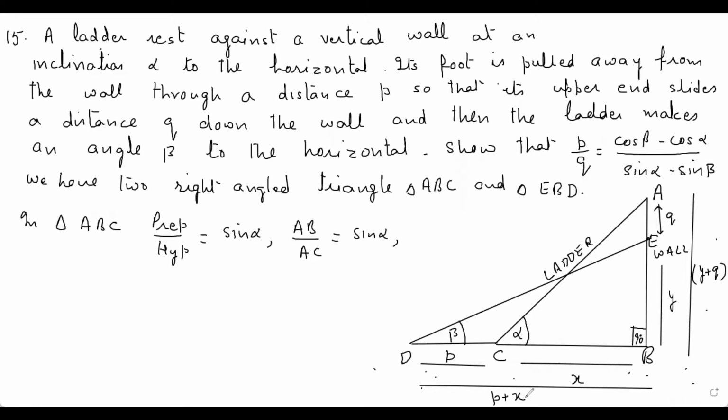If DC is p and CB is x, then DB is p plus x. Now AB here is y plus q, and AC is the length of the ladder. So y plus q is equal to AC sine alpha.